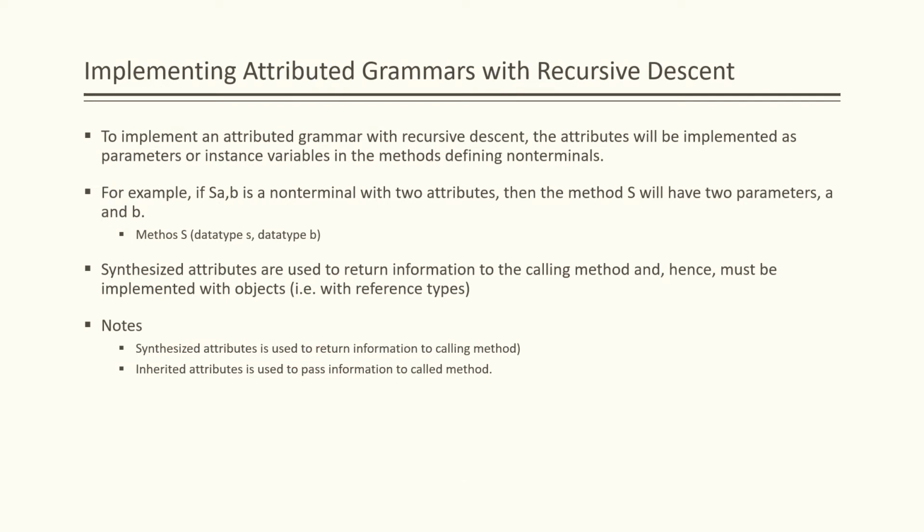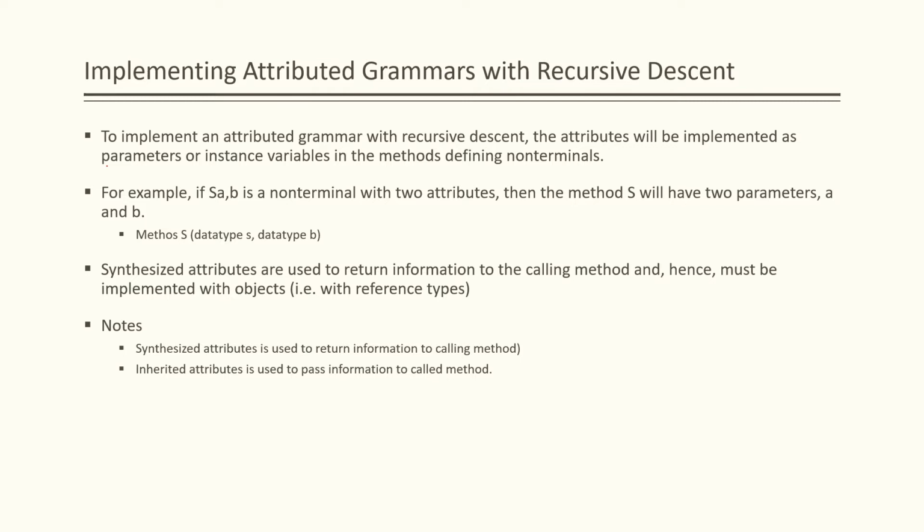Now we want to see how we implement attributed grammar with a recursive descent. So the recursive descent is coding in the form of Java. In this subject we use the Java language. So how do we actually code this attributed grammar? To implement an attributed grammar with recursive descent, the attribute will be implemented as a parameter.